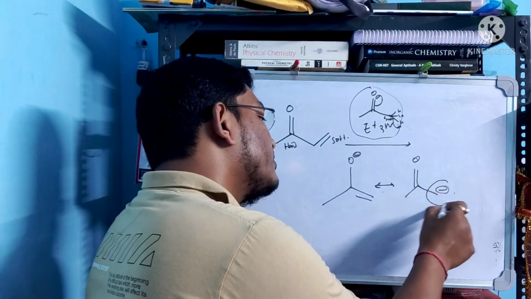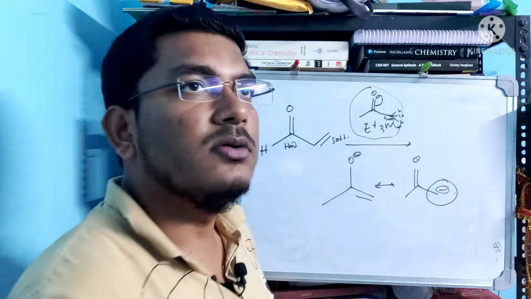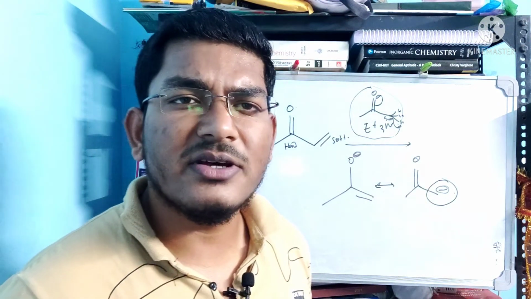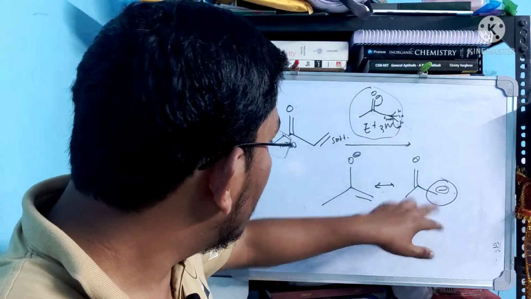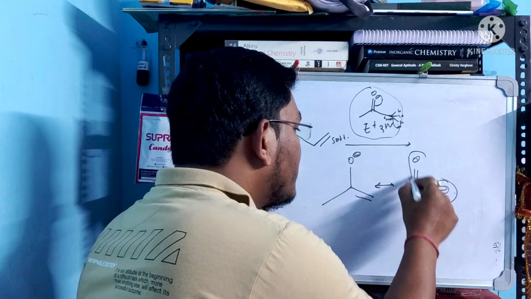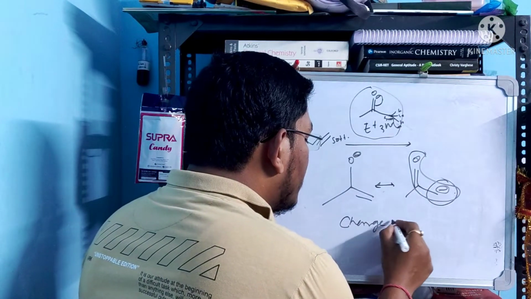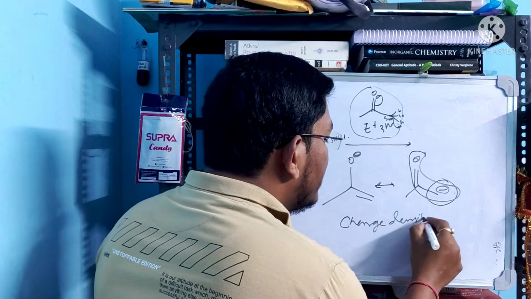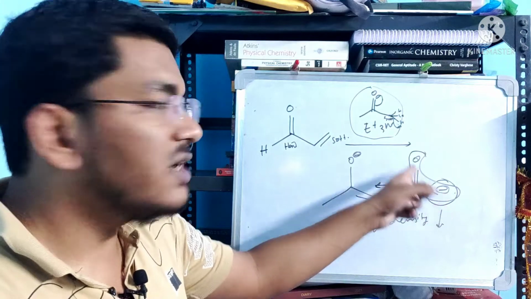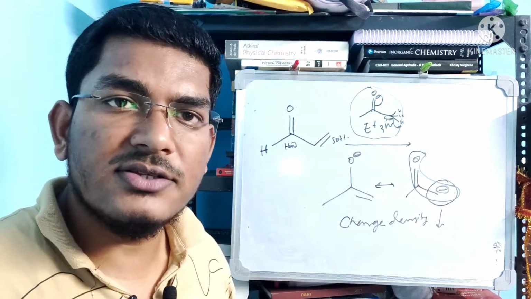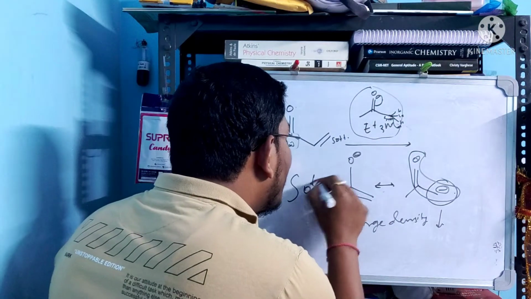Okay, the charge is placed on the carbon atom, and it can be placed on the oxygen atom. Both are individually, you can say, hard. But the beauty is that due to conjugation charge density decreases, right? Charge per unit area decreases due to conjugation. Okay, that means it becomes a softer nucleophile.